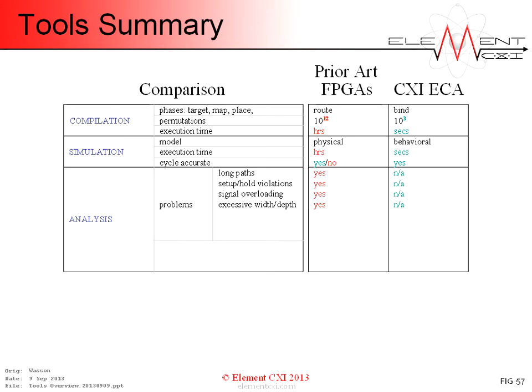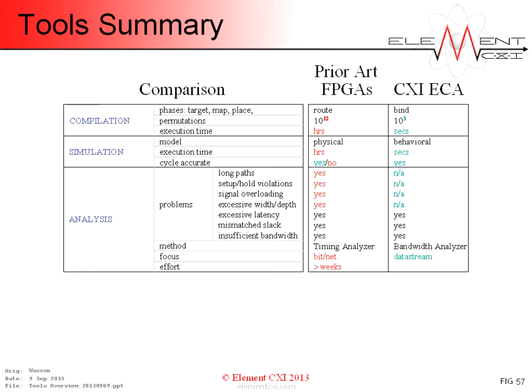More abstract problems like excessive latency, mismatched pipeline slack, and insufficient bandwidth must be analyzed by both. The primary method for FPGA analysis is the timing analyzer, a tool whose focus is necessarily bit and net-based, requiring a total effort in excess of weeks, whereas the ECA raises the analysis focus to data stream bandwidth, an effort measured in less than days.